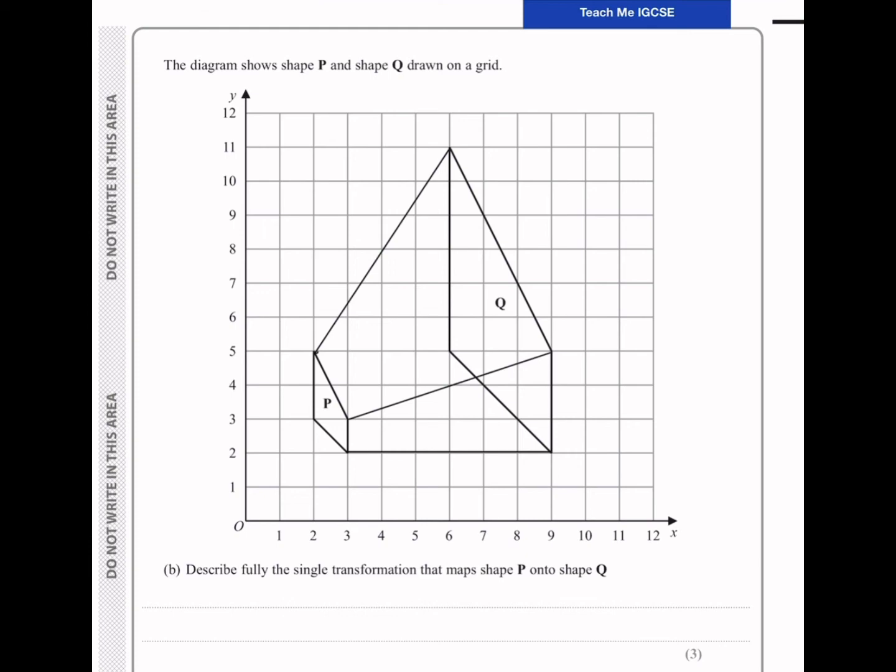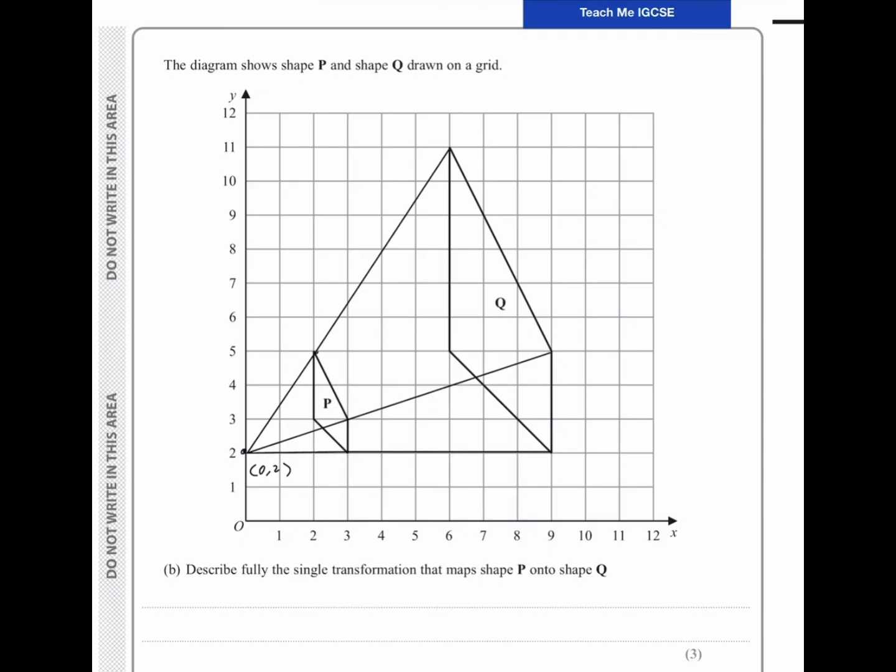So if we extend these lines that we just drew, extend it as much as we could, you can see that they all meet at the same point, and this is our center of enlargement, 0, 2.